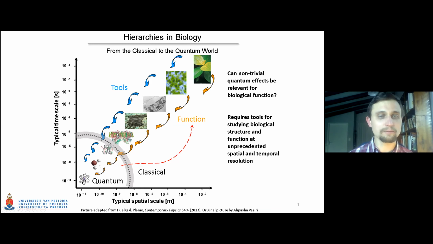So you can describe molecular systems like proteins from a classical point of view, from a quantum point of view. You can only get a full picture when you include both of these approaches. And we need tools from both sides in order to understand the biological function of these systems, from a bottom-up approach or a top-down approach, using quantum approaches to promote the functions, or the other way around.